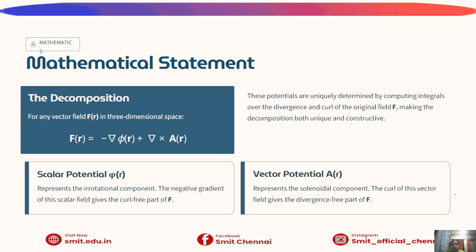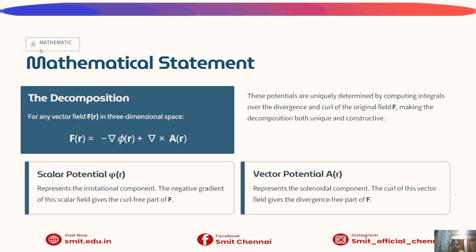In that, next we see the vector potential. Vector potential A represents the solenoidal component of the vector field. When we take the curl of A, we obtain the divergence-free part of the original field.